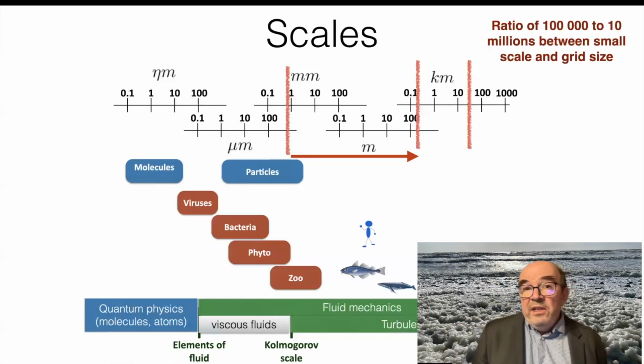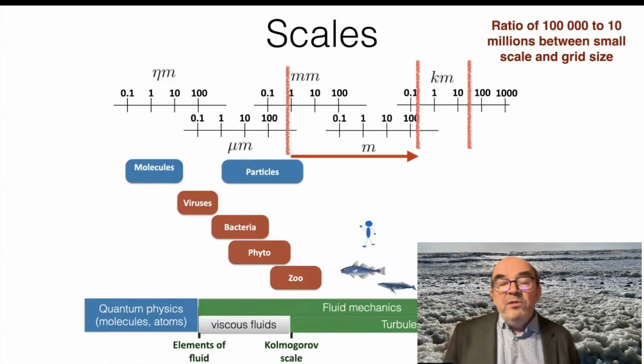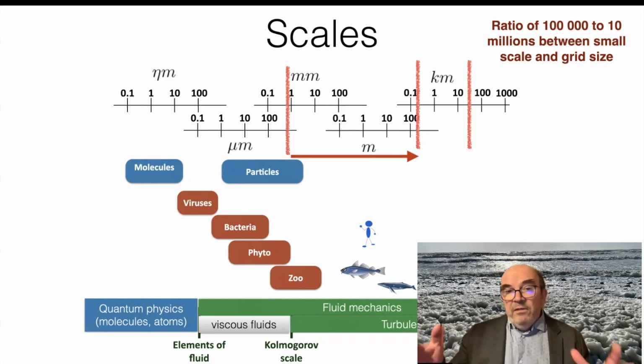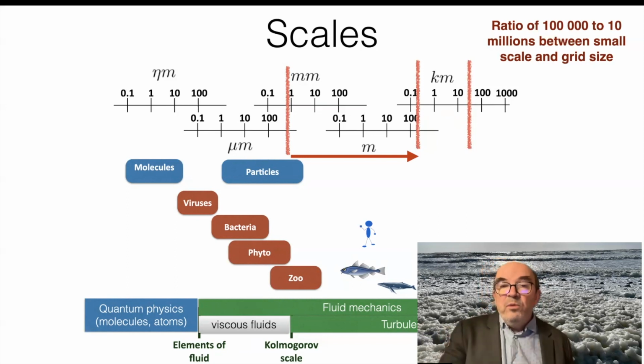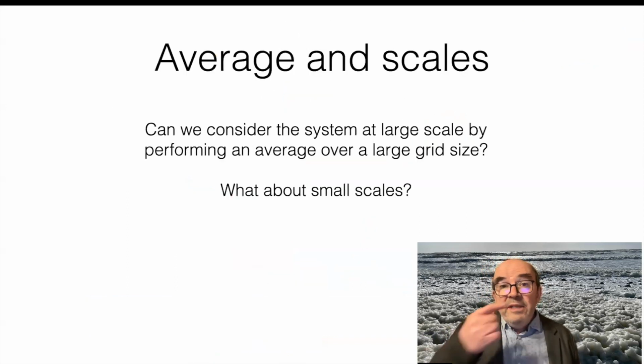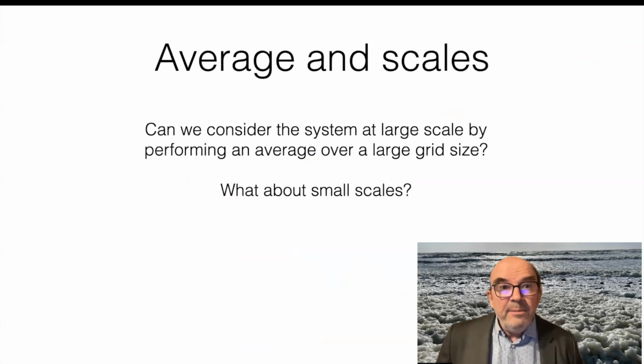There is an issue about scale, because the small scale of turbulence is of the order of 1 millimeter. If you take a grid of the order of kilometers, you have a ratio which can be 1 million, a grid 1 million times larger than the small scale of turbulence.